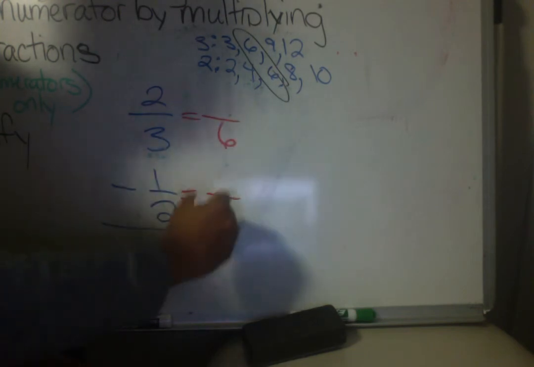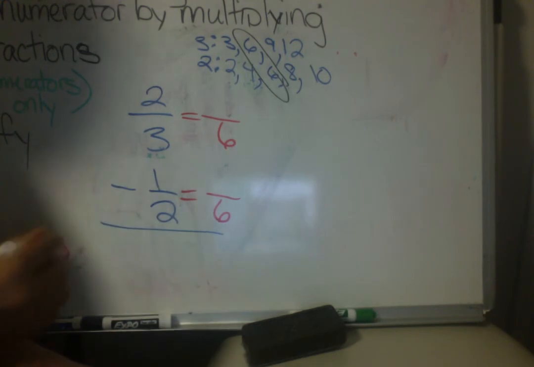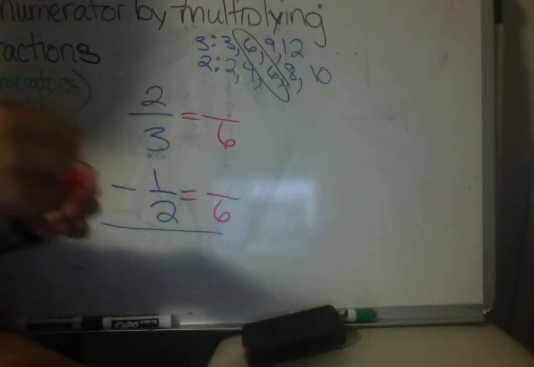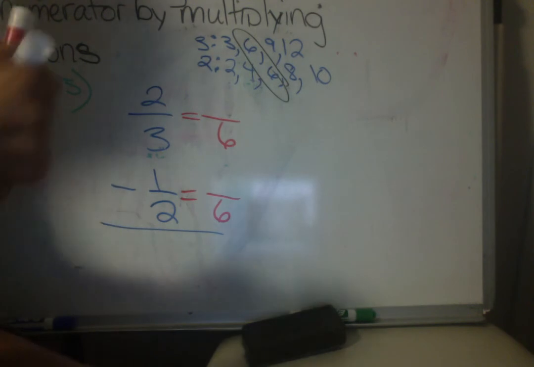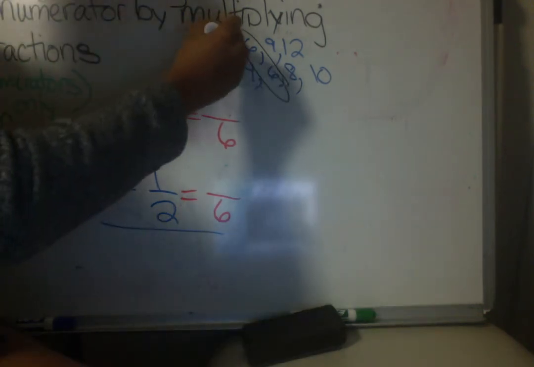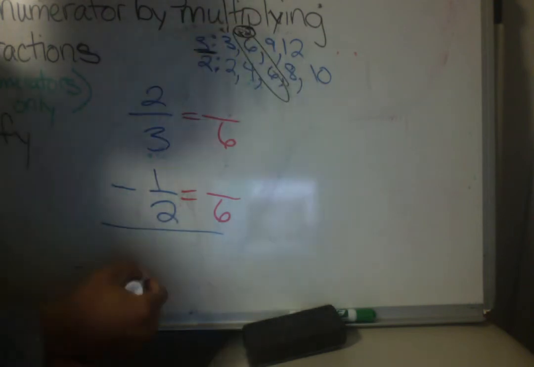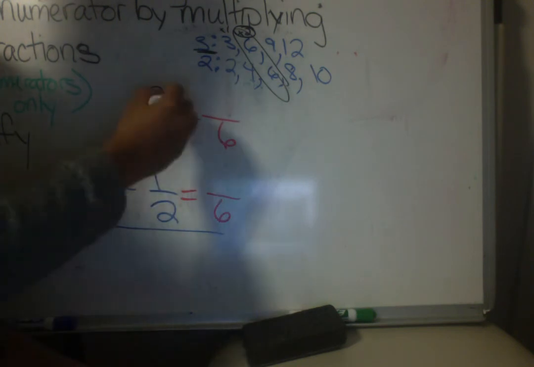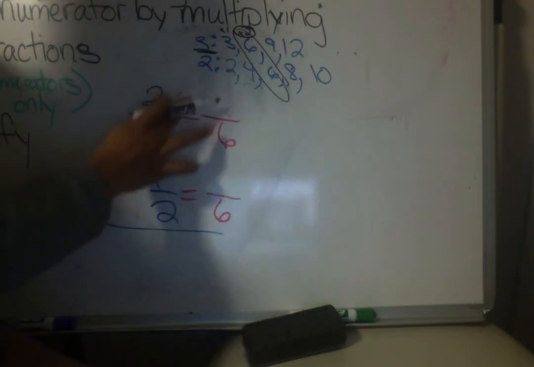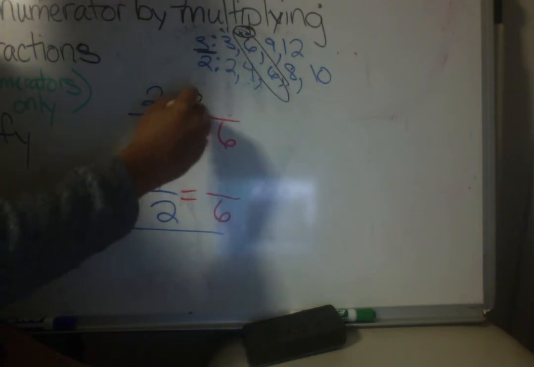So my new fractions are going to have a denominator as a 6. How do I get from 3 to 6? You can use this also to help you figure that out. For 3, I multiply by 2.